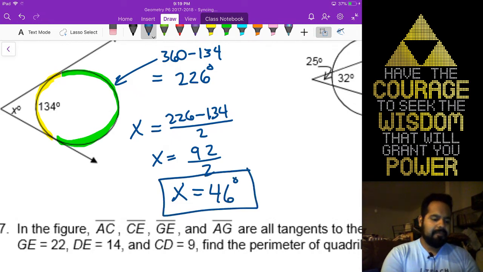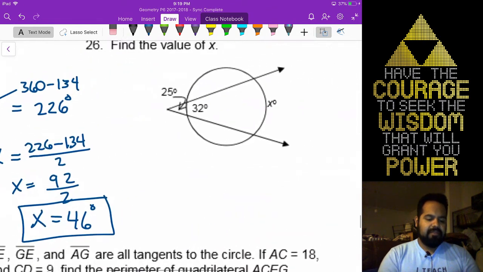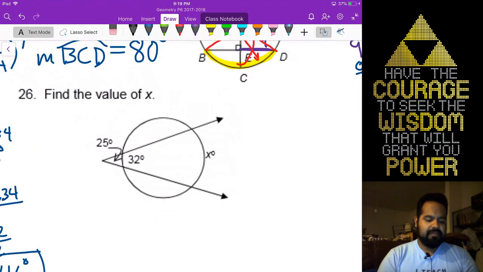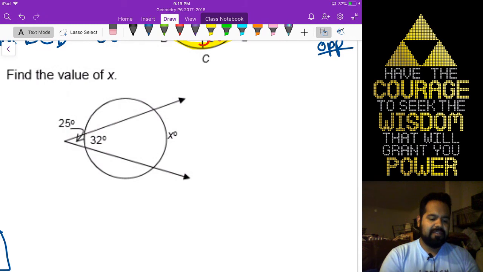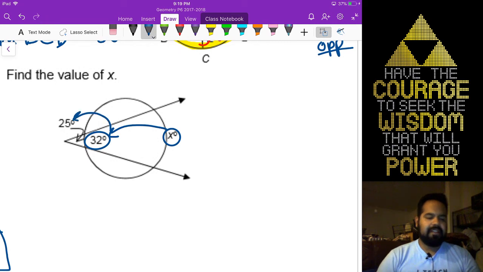There we go. 26. Ooh, hey, check that out. Outside minus inside divided by 2 equals that. Sweet.